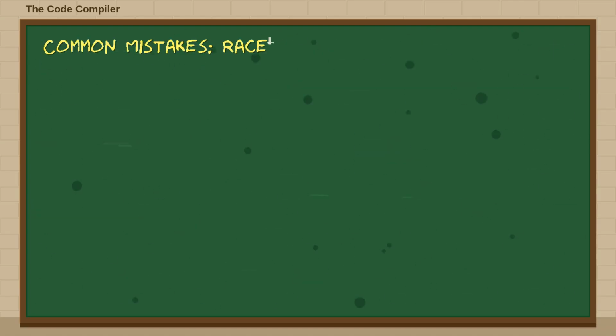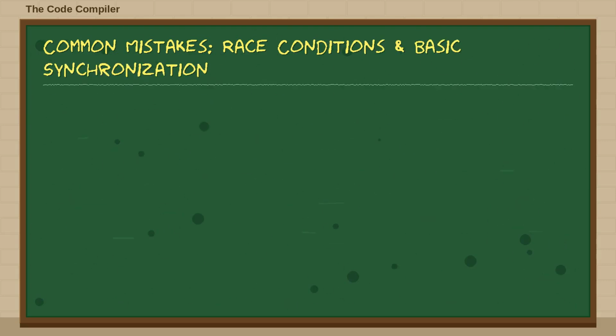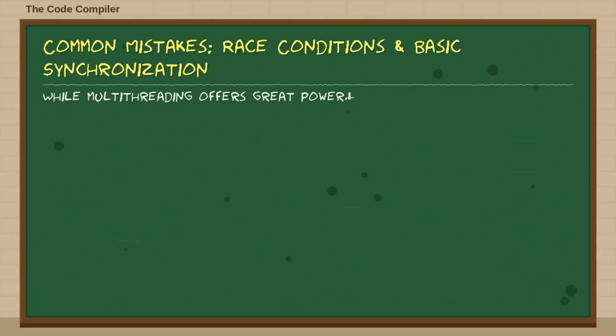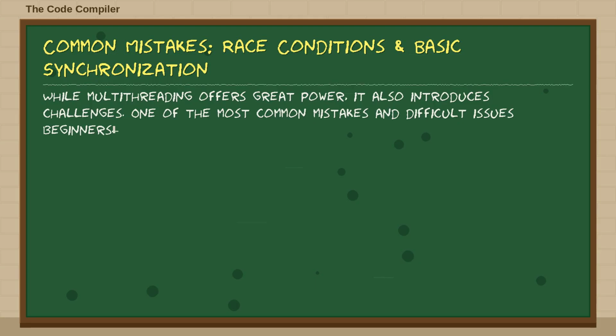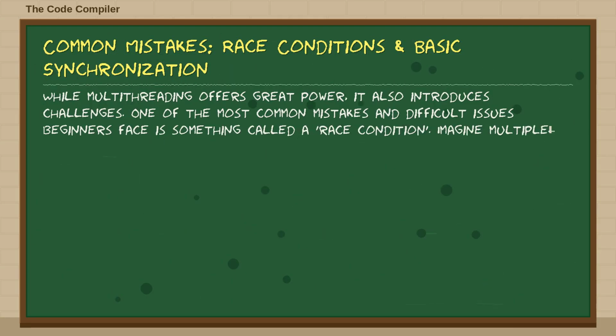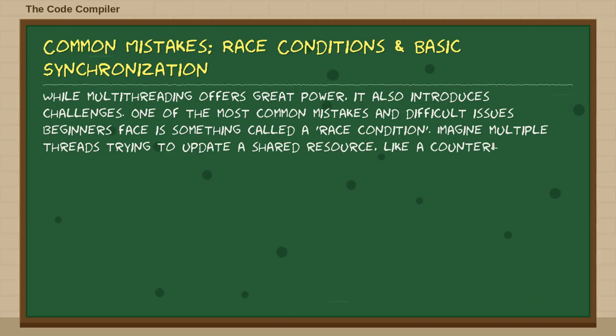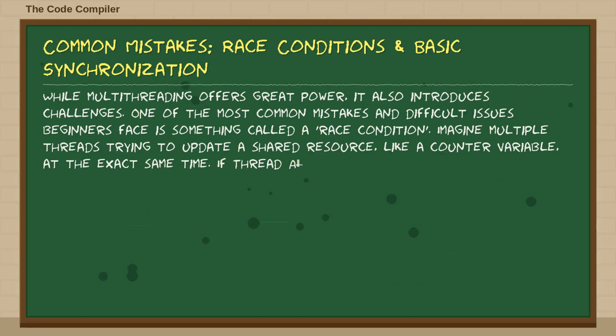While multithreading offers great power, it also introduces challenges. One of the most common mistakes and difficult issues beginners face is something called a race condition. Imagine multiple threads trying to update a shared resource, like a counter variable, at the exact same time.